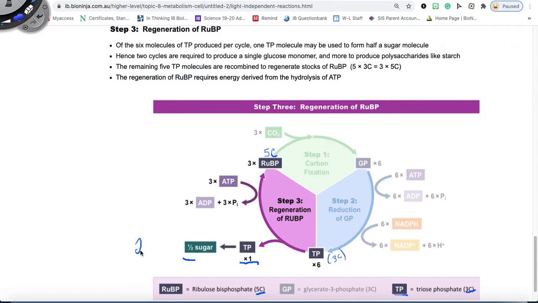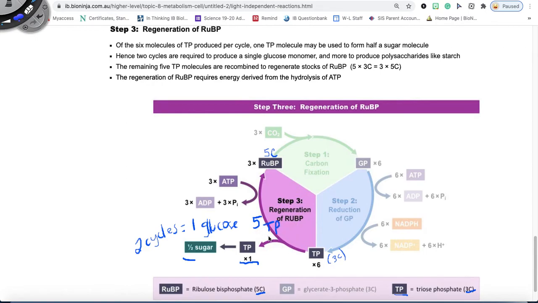So two cycles to get one glucose molecule, because just one cycle gives us half a sugar. So if we go back to just the one cycle, I have 5 molecules of TP left, right?